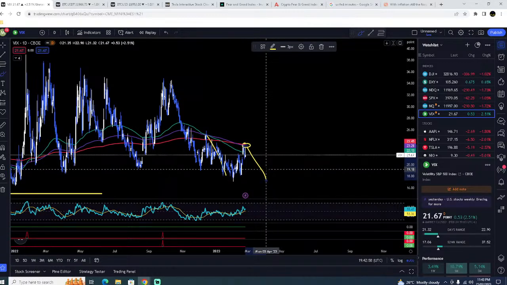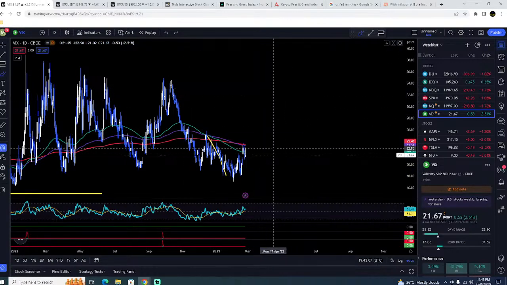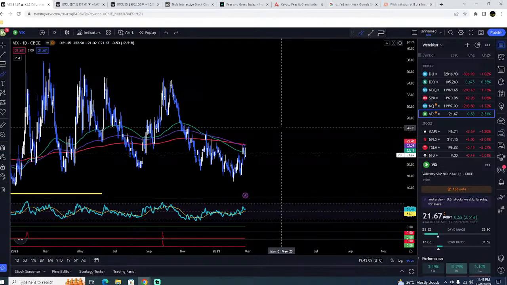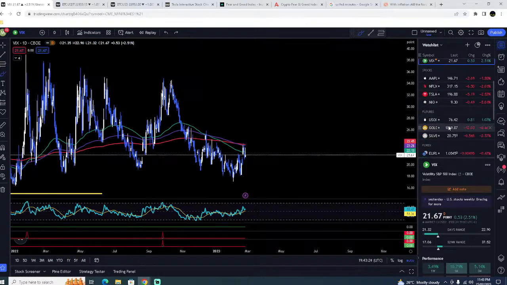Not all time lows, but yeah, maybe 2-3 points might drop on the VIX index, which is all we need for a small bounce on the S&P and the Nasdaq and the individual stocks. So that would be a good scenario. So hopefully that happens. I really hope that happens.